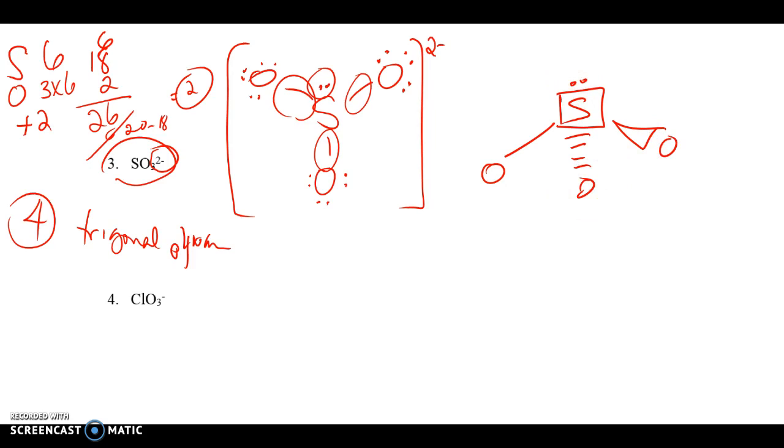Now, let's consider electronegativity. Sulfur is 2.5, oxygen is 3.5. Well, that's a difference, right, of 1. These are definitely polar covalent bonds, pulling toward the oxygen, right?